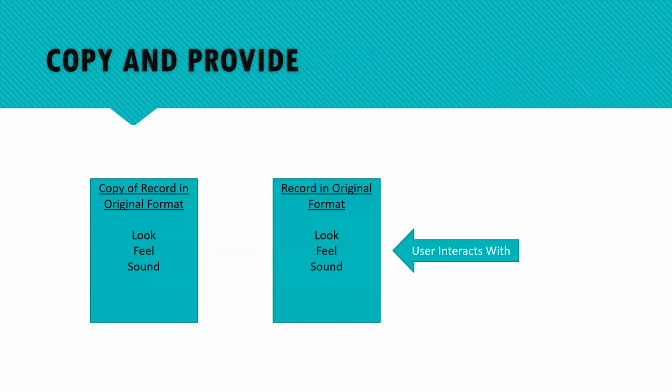So some benefits to this is that it can provide a high level of authenticity because there's no migration process here in the middle that can change the look, feel, and sound of the records that researchers are interacting with and looking at. It can be pretty efficient. You don't have to find a program to migrate your records. You can just copy them and boom, there you go.